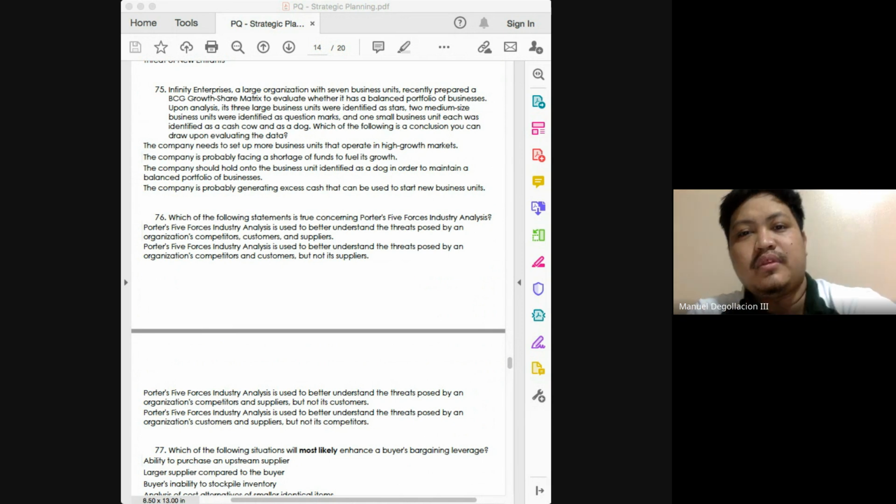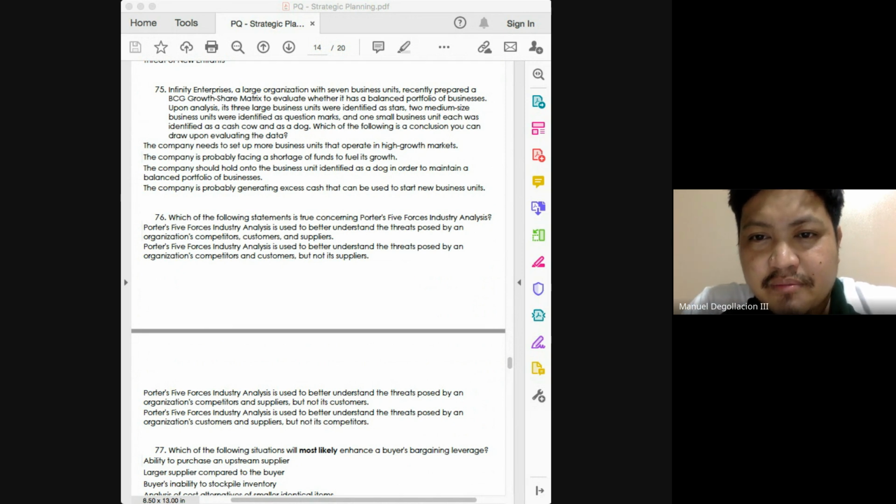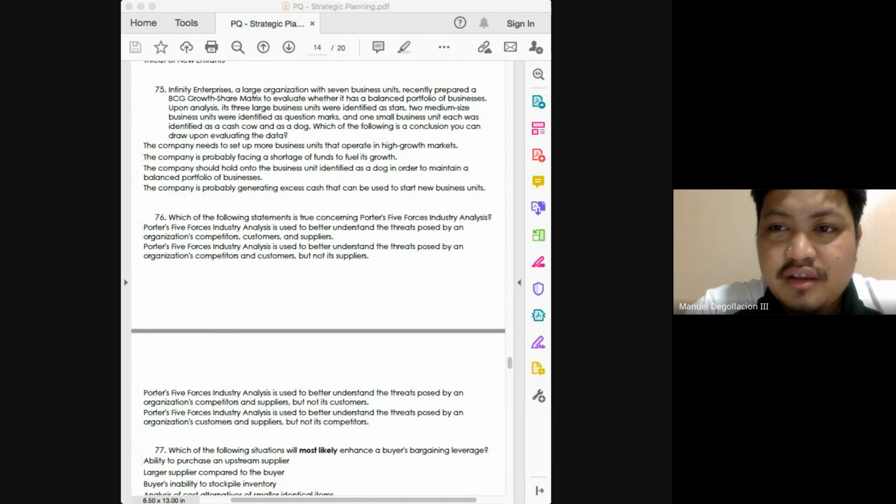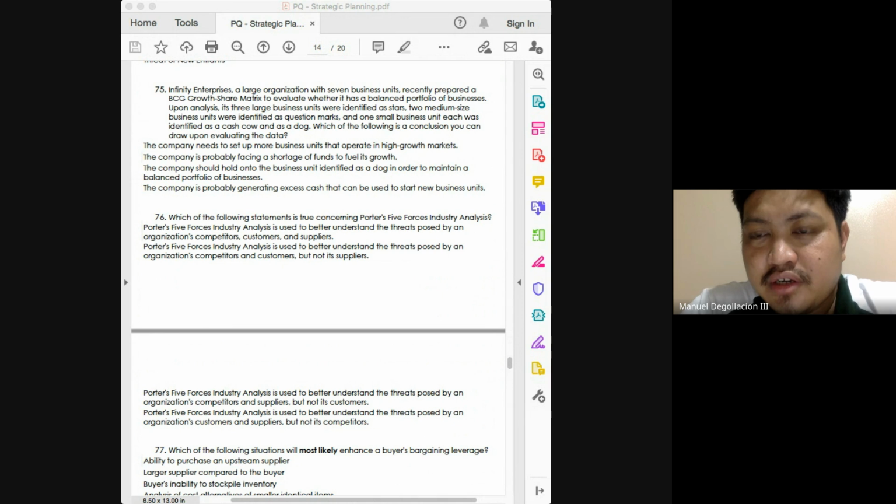The reason we are able to arrive at the conclusion that the company is probably facing a shortage of funds is that many of its business units are identified as stars and question marks. Normally, if a product, service, or business unit is classified as a star, that requires investment on your part so that you can maximize growth and continue to maintain your big market share.